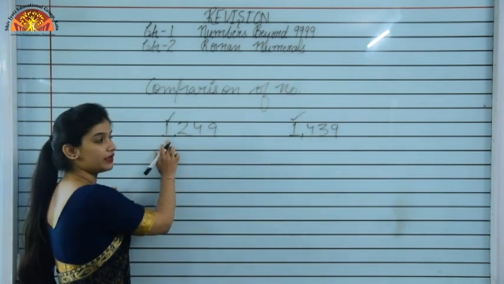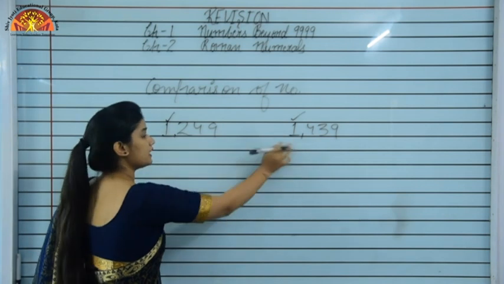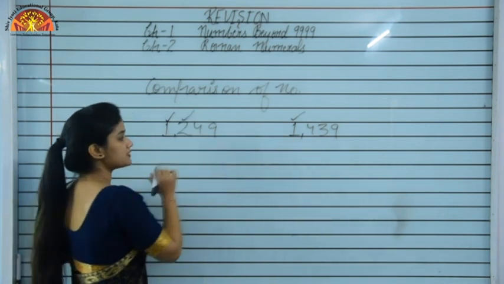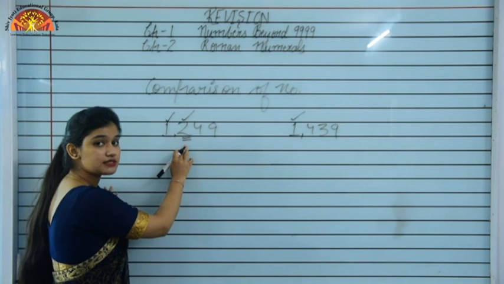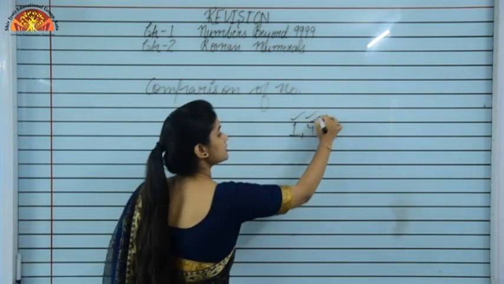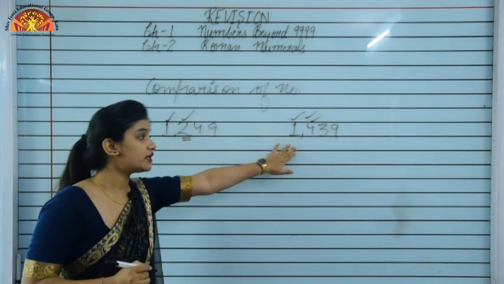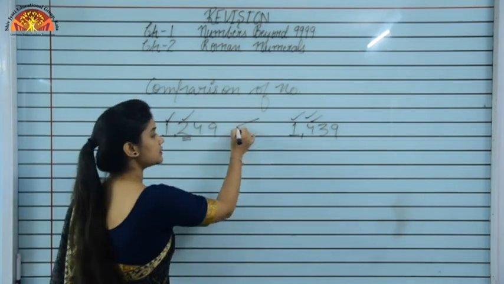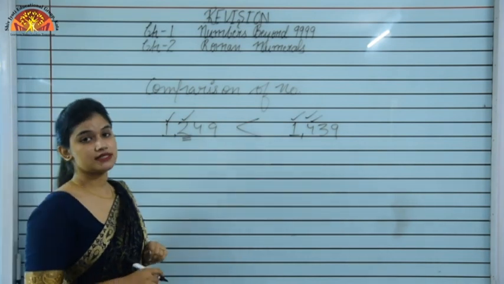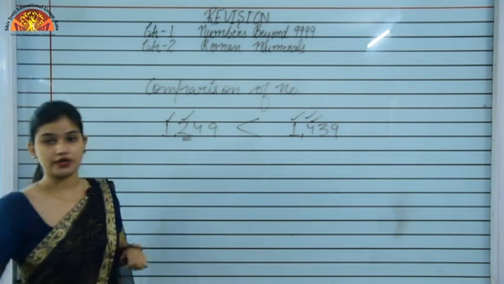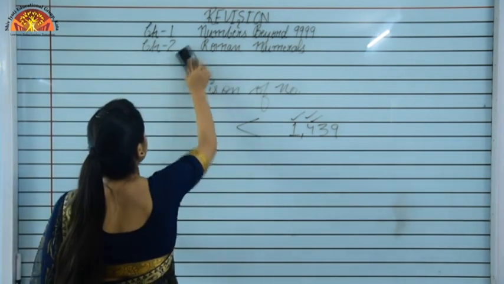So first we'll see 1, here also 1, same. Next we'll compare the next digit, and the next digit is 2, and here the next digit is 4, and 4 is greater than 2. So this number is greater than this number. So in this way students you can compare the numbers.